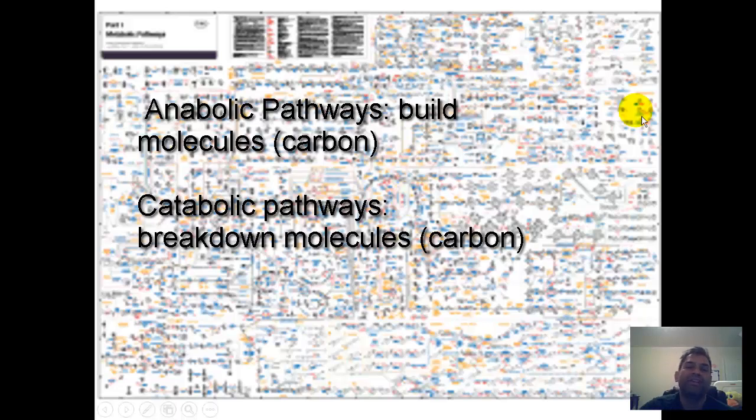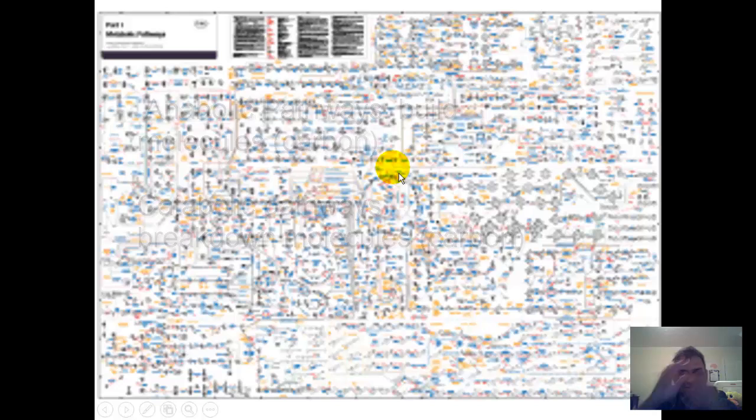A couple of other things on this entire metabolic wall chart: you'll have some pathways that are anabolic, biosynthetic, and some pathways that are catabolic, that break down, as mentioned before. But you also have pathways that cannot go at the same time.